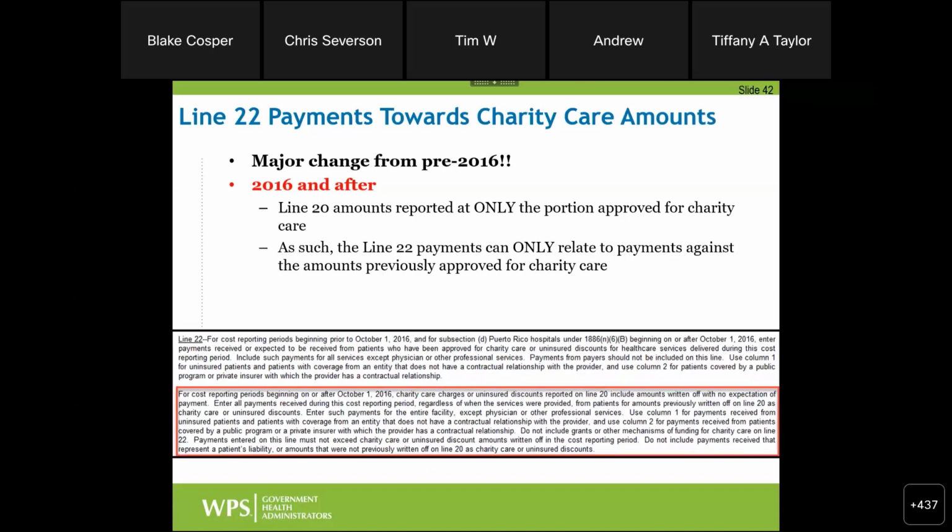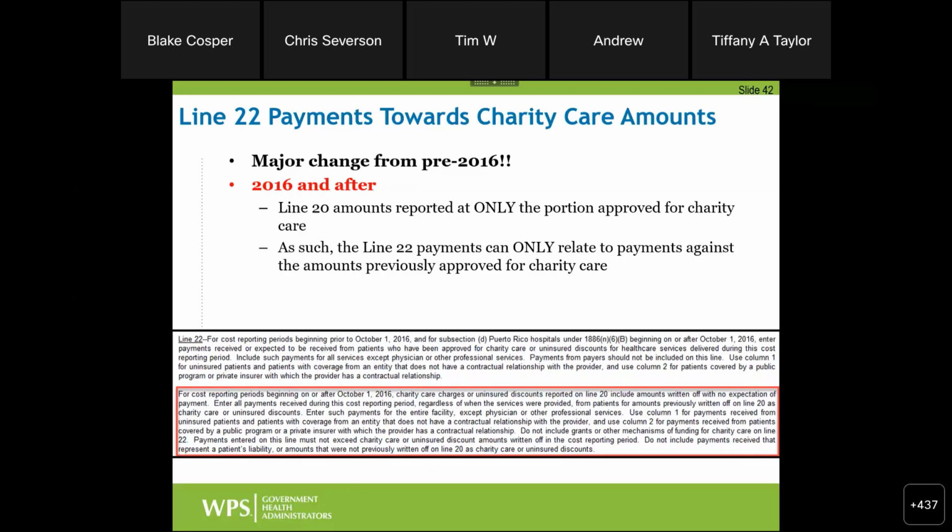And then on line 22, they wanted every dollar of any patient payment to offset that line 20 amount. That was a lot of extra work, first of all, and it just didn't really get to the heart of what was approved for charity care.